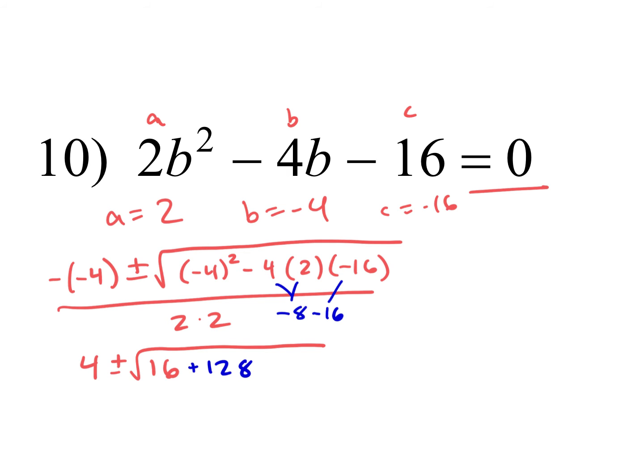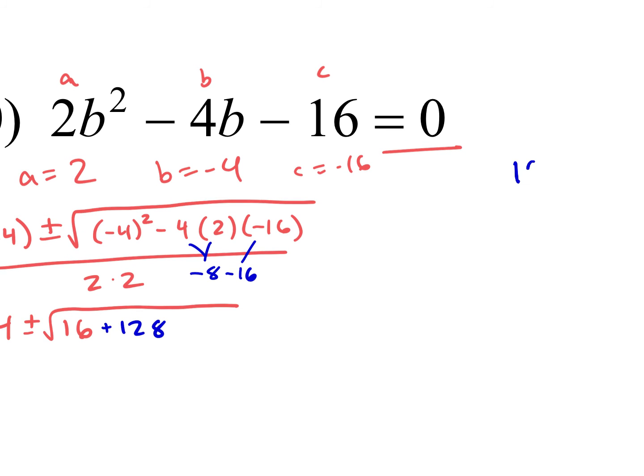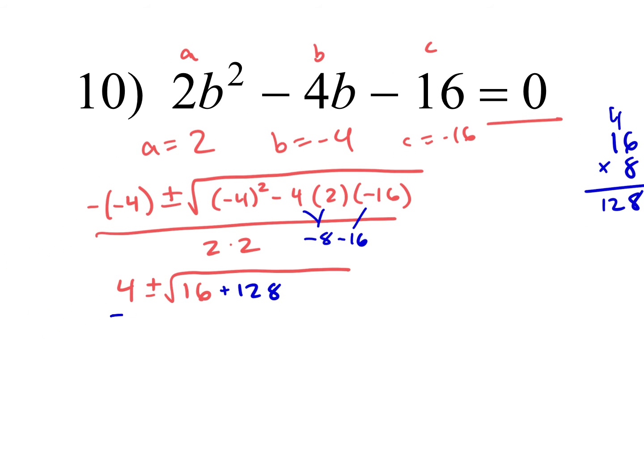Remember, if you don't know that off the top of your head, write it down. 16 times 8. Multiply. All right, and then 2 times 2? 4. So we have 4 plus or minus the square root of, what's 16 plus 128?